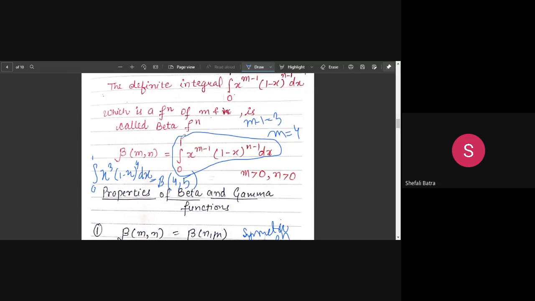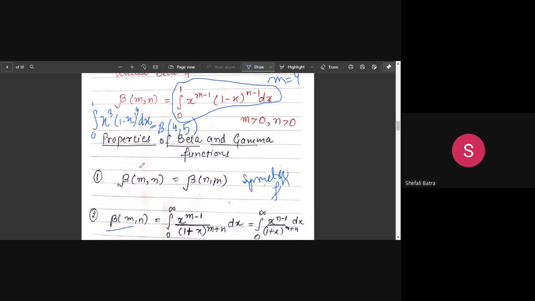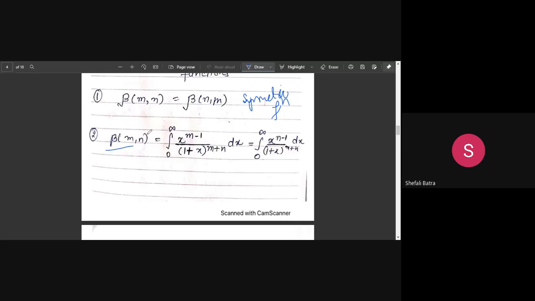You need to learn that in beta function, limits of integration are 0 to 1, and in gamma function, limits are 0 to infinity. But by using substitution, you can convert beta as well into an integral with the limit 0 to infinity, right? So this integral or this integral, they can be written as beta function.